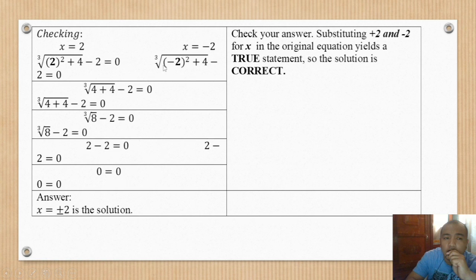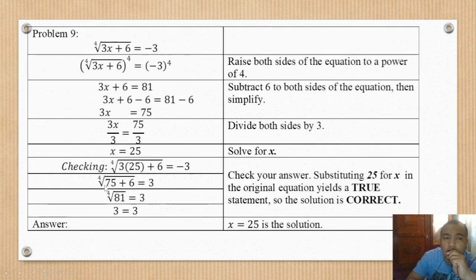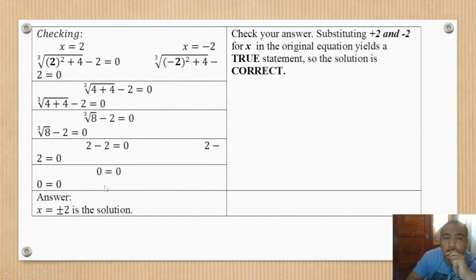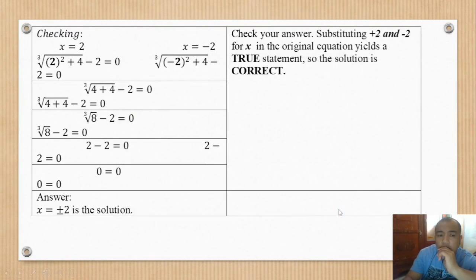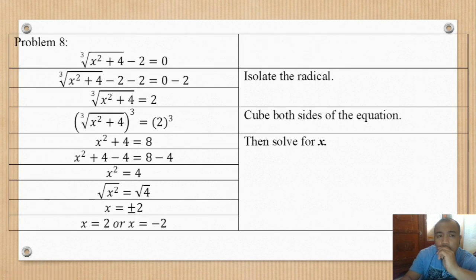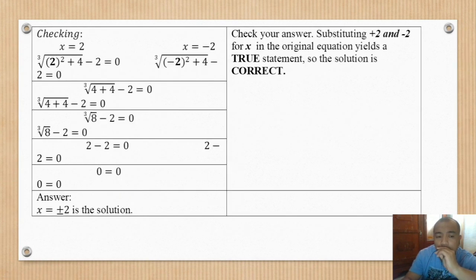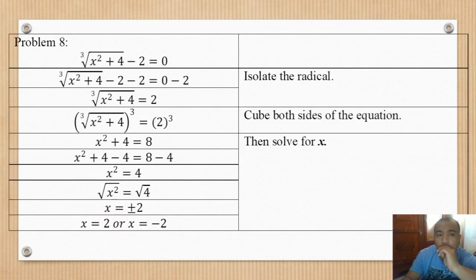For negative 2, squared is 4, plus 4 also, minus 2. So, both are 0 equals 0. So, tama. That's the answer. So, the answer for problem 8 is positive, negative 2. These are the solutions for the radical equation, cube root of x squared plus 4 minus 2 equals 0.